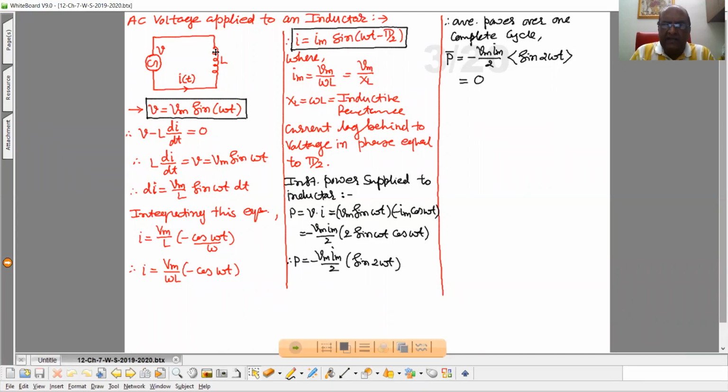Now, if current I is flowing through an inductor having self-inductance L, and this current is changing, then the back EMF is L di by dt. In the previous chapter we studied this. So if we apply Kirchhoff's second rule to this particular loop, then we can write V minus L di by dt equal to 0.